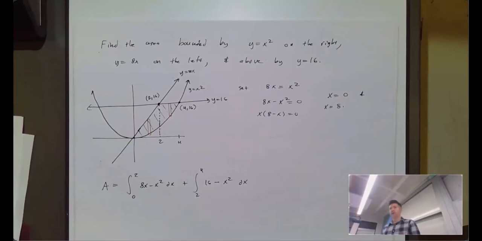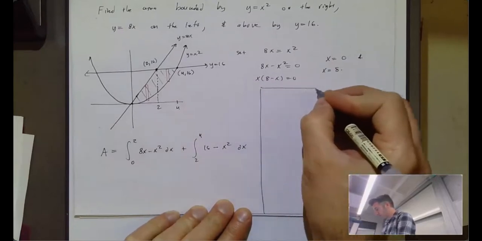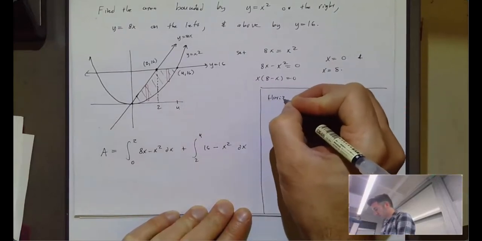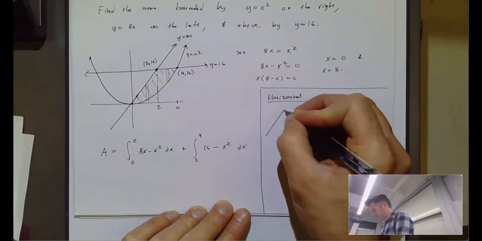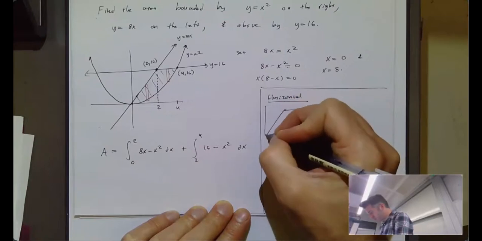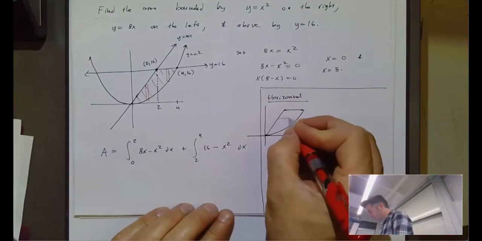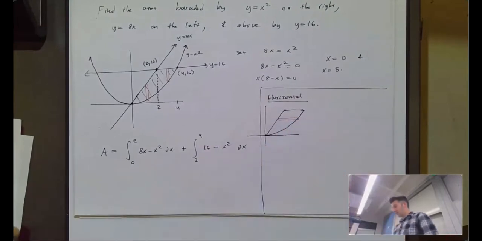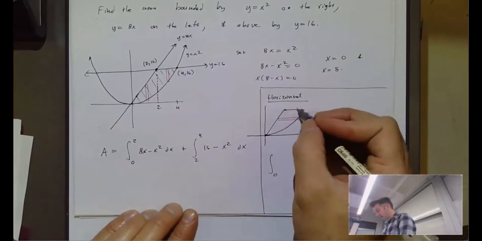Now, it's worth mentioning here that someone might ask you to do this in a different way. Instead of using vertical cross sections and doing two integrals, we could do it using horizontal cross sections. So I think of the same picture. I'm not going to draw it quite as precisely because I don't really need to. If I'm looking at the same sort of region here, and now I want to use horizontal cross sections, I'm going to do the integral from as low as 0 to as high as 16.